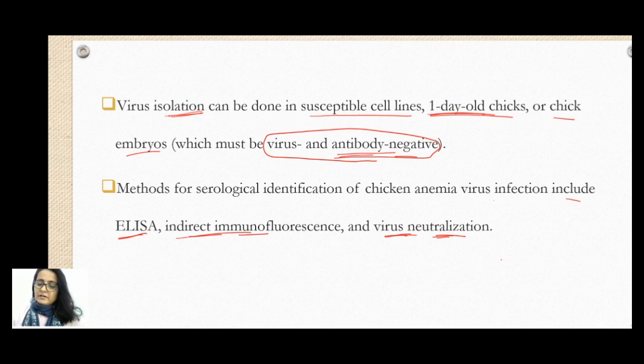These are the diagnostic methods for the confirmatory diagnosis of the virus. We can use virus isolation, which is done in susceptible systems, such as 1-day-old chicks or chick embryos, which must be virus and viral antibody negative.